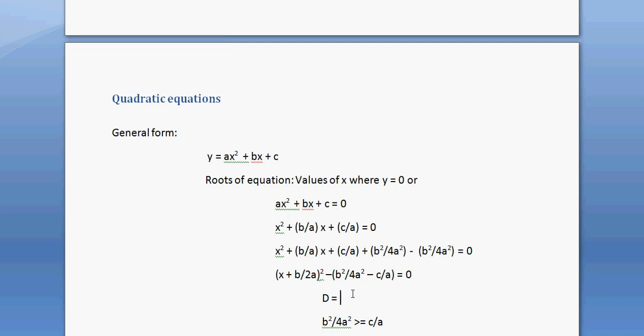It would be equal to b square minus 4ac, the square root of this discriminant, right?